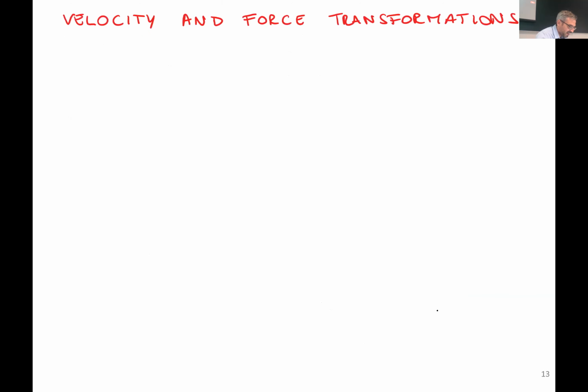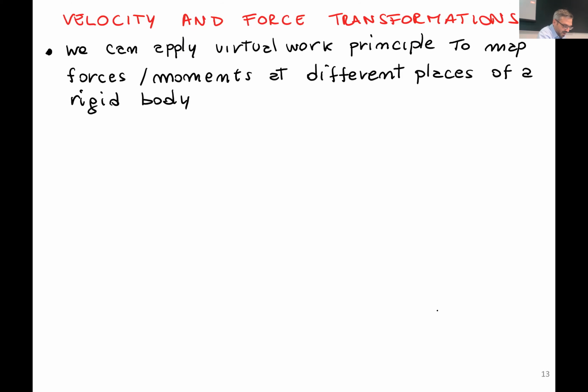Then to finalize the lecture on statics, an important application of the principle of virtual works is when we want to, for example, map forces and moments at different places of a rigid body.